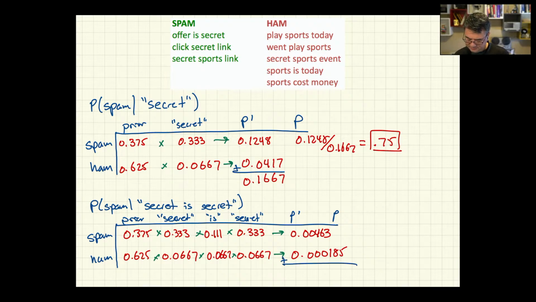Add those up. Zero point zero zero 4.8. I'm going to round here. 4.82, I guess.